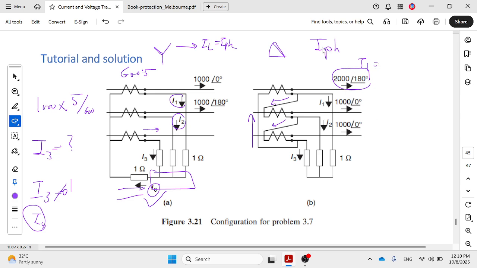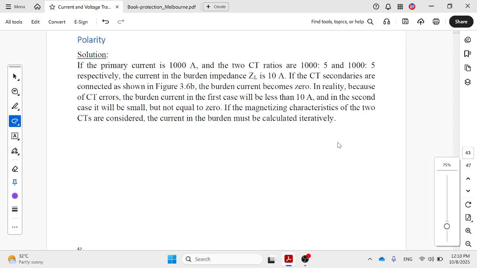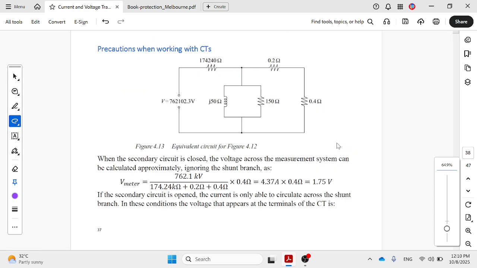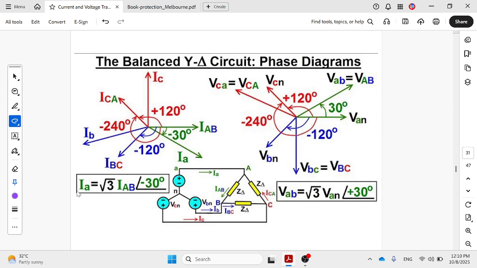What is the relationship between I line and I phase? Let's go back to the slides and see. For each one, you must consider this equation: I line equals square root of 3 times I phase, with the angle of minus 30.